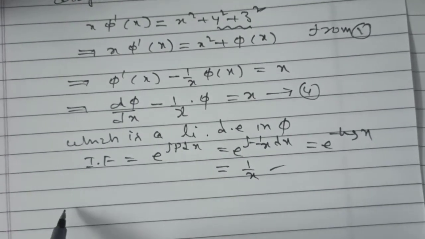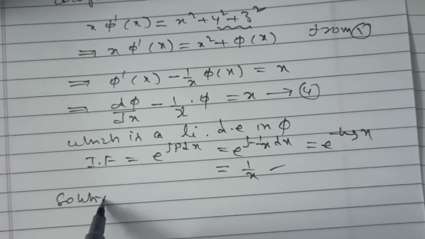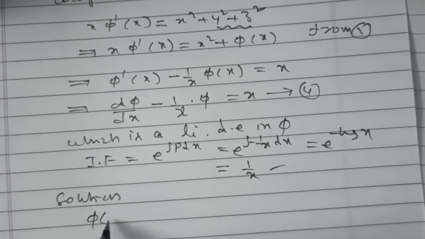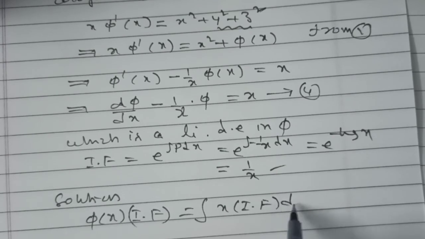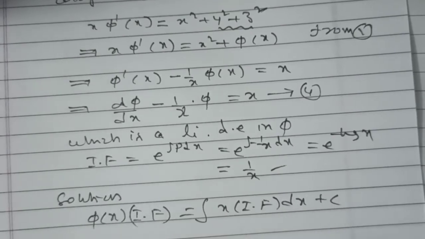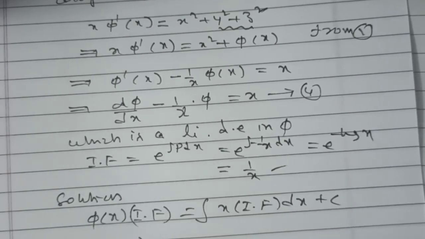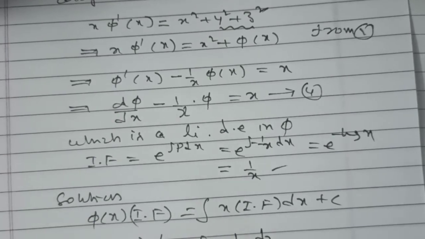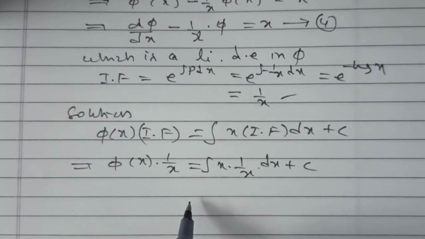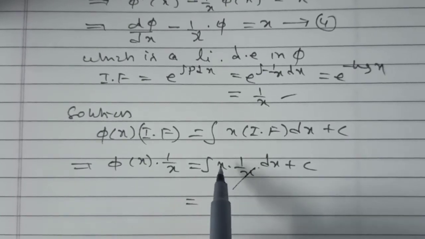Next, solution: phi of x into IF is equal to integral of q into IF dx plus c. Implies phi of x into 1 by x is equal to integral x into 1 by x dx plus c, which is x plus c.